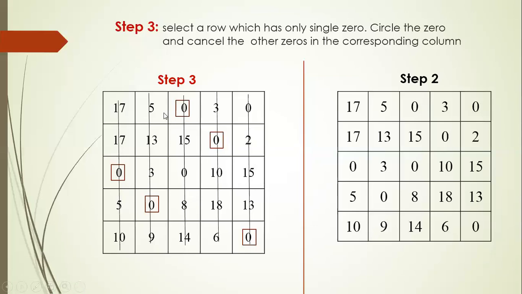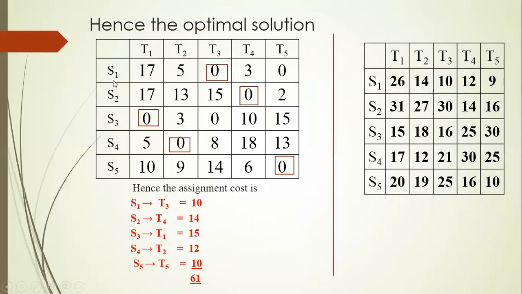Now there is no problem because every row has a single marked zero. So first write down the marked zeros: S1 T3, S2 T4, S3 T1, S4 T2, S5 T5. So we get the optimum solution because each row has a single marked zero.